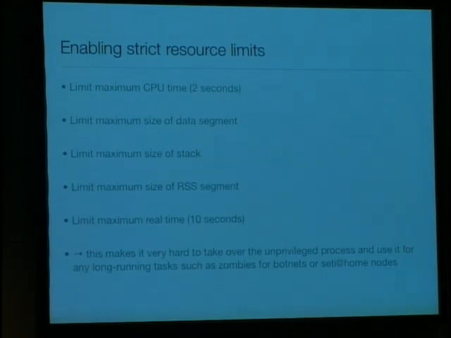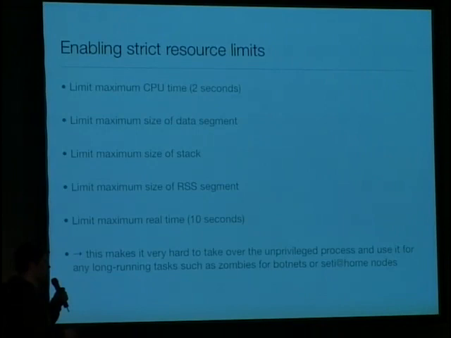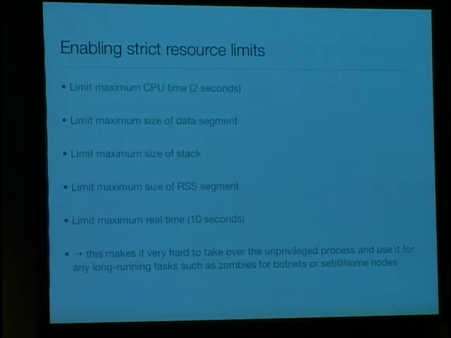And that is really important, because that makes it really hard to take over the unprivileged process, which is in its change root environment, and use it for any long-running tasks. Even if it's unprivileged, you can take it over and use it for a long time.